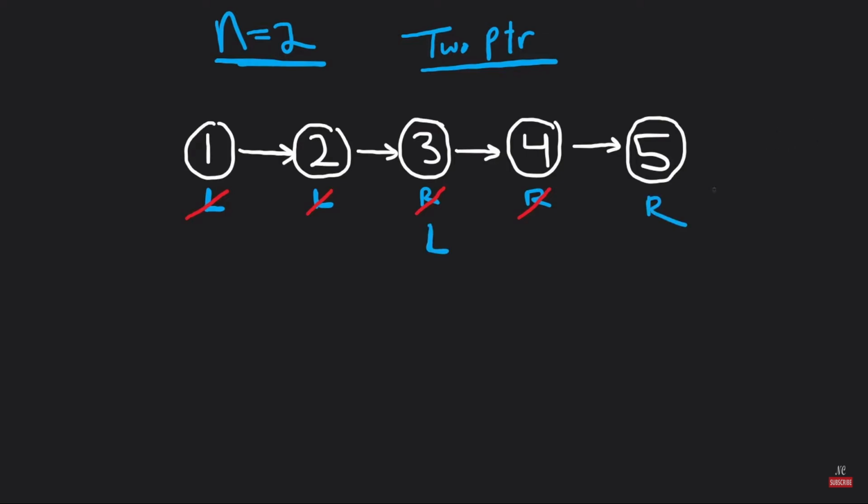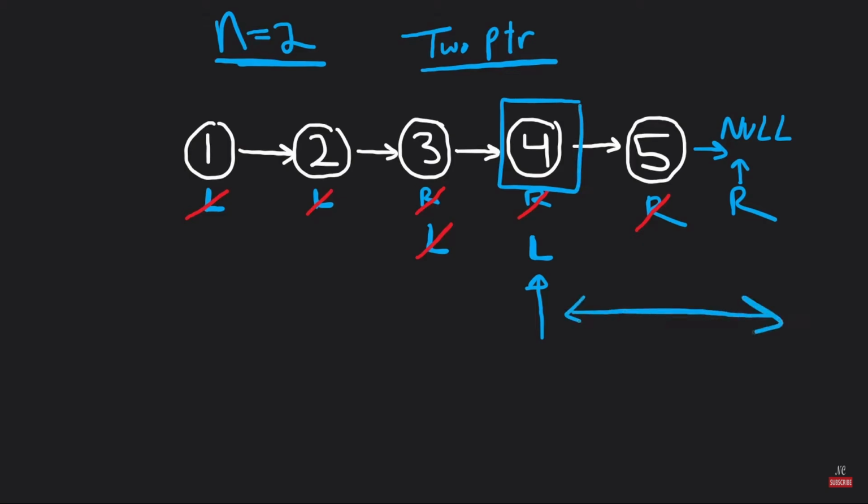Now we're going to shift 1 last time because right is almost at the end. So now our right pointer is at null, right? It's at the end of the list. It can't go any farther. And our left pointer is exactly at the node that we want to delete. And the reason is because, remember, the offset between these two is n, making sure that we have the node we want to delete.